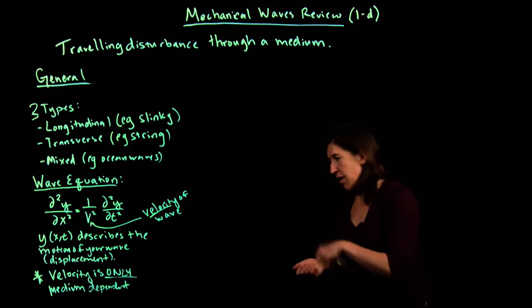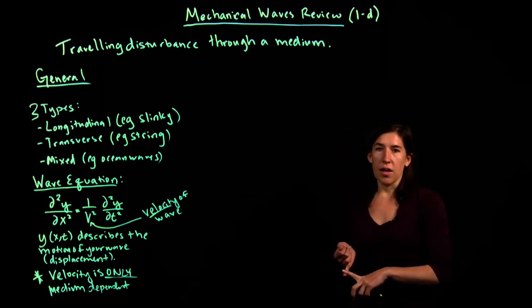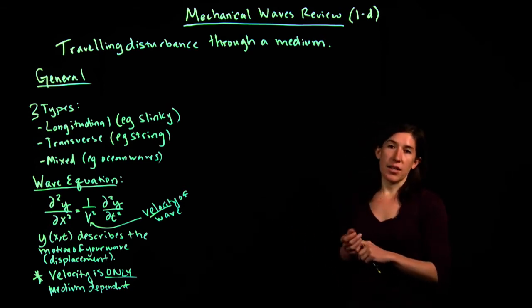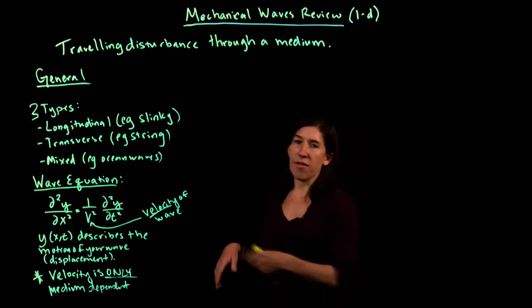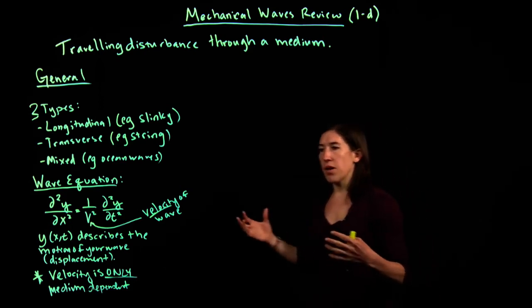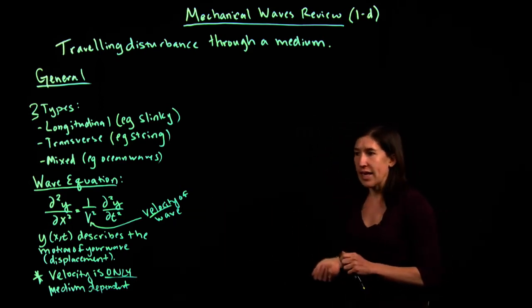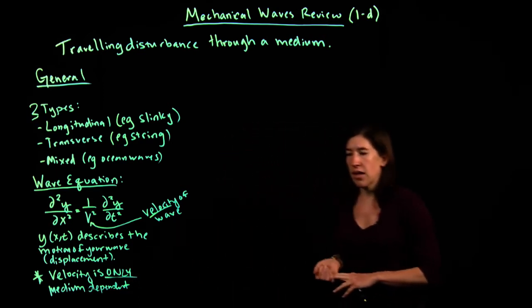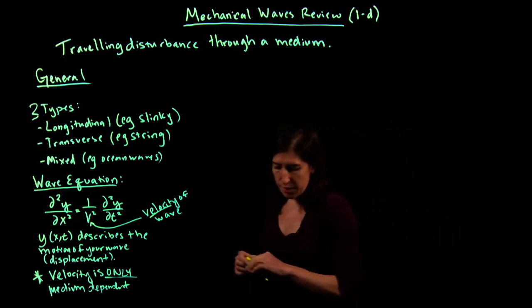If you send a wave down a string, that's going to depend on the particular properties of that string, how dense your string is, and the fact that it's a string at all. The velocity of a wave moving down a slinky or of an ocean wave will depend on properties of your slinky or your ocean. It's not going to depend on other things such as the amplitude of your wave, which we'll discuss a little bit more.